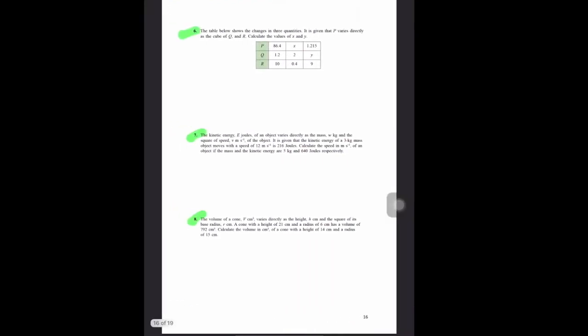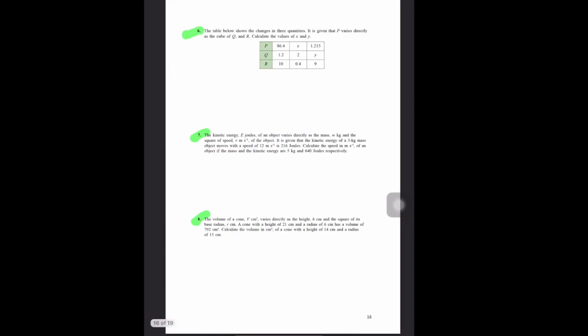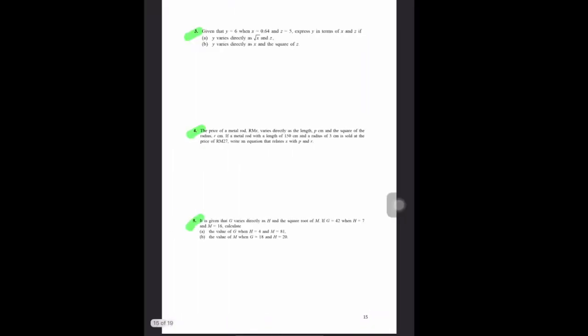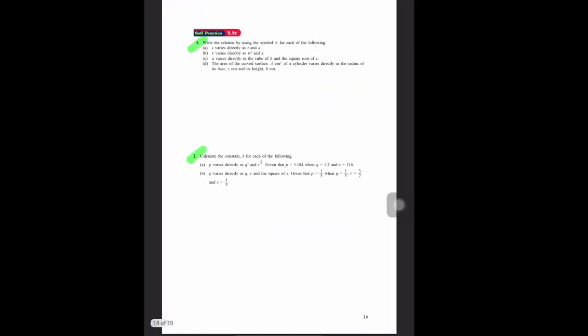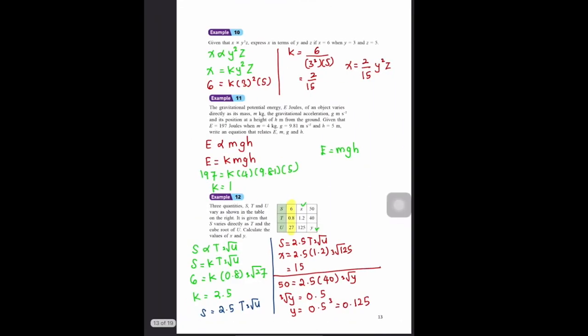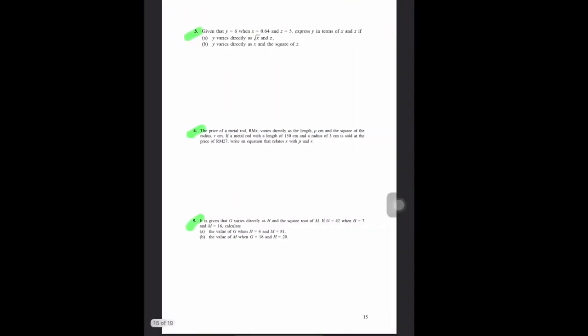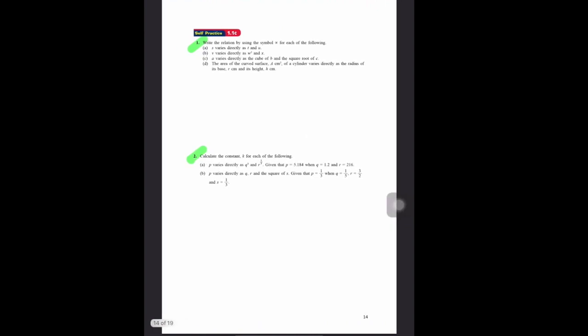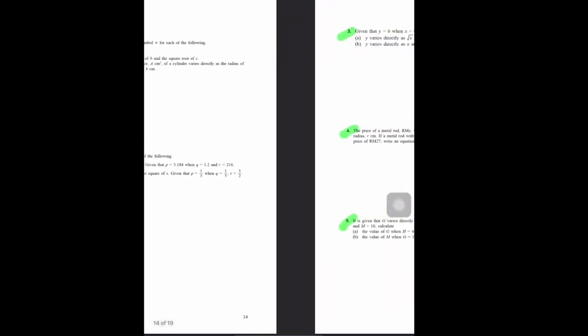For each question, the problem is just the same as the example, so you can refer back to the example in order to answer this self-practice 1.1C.